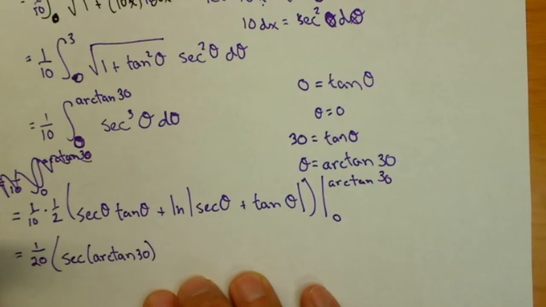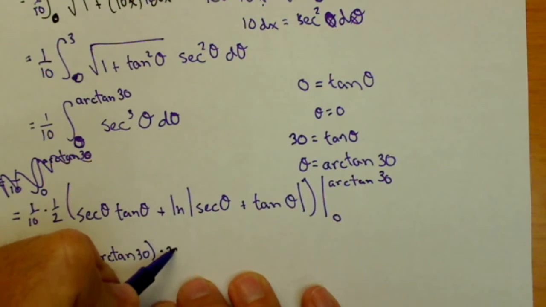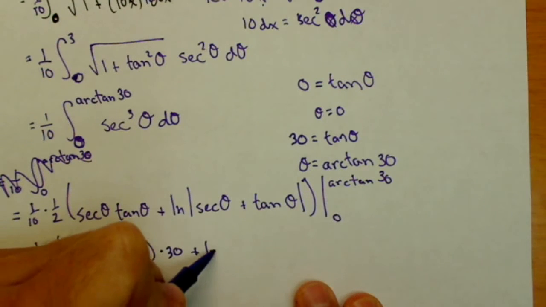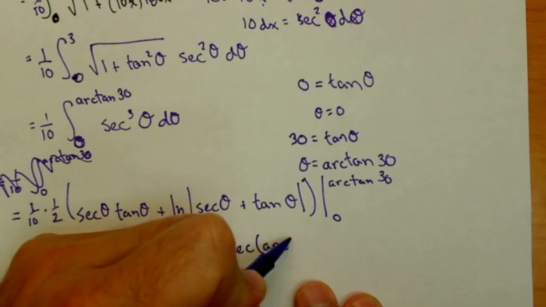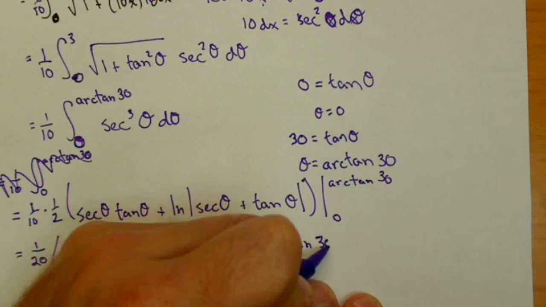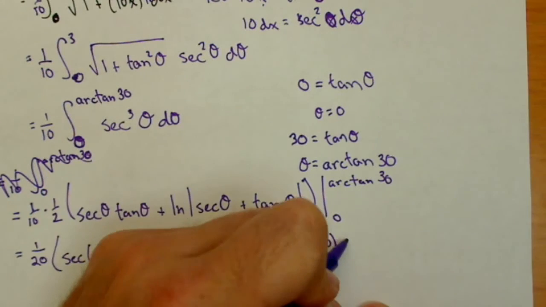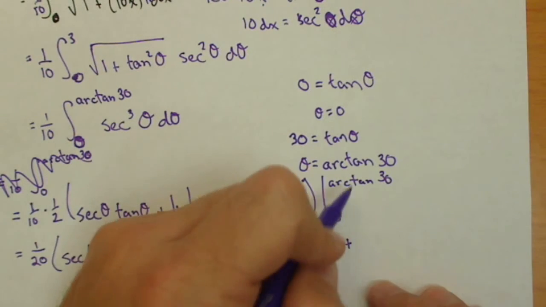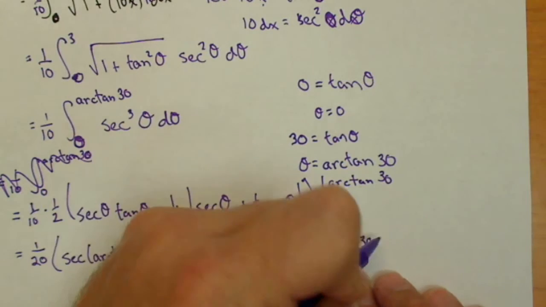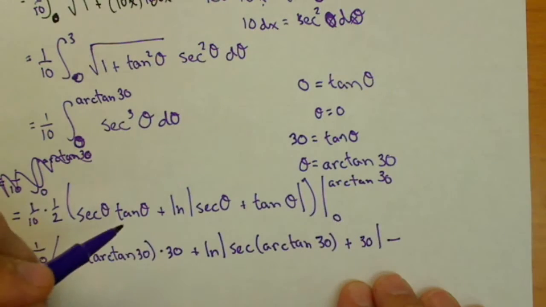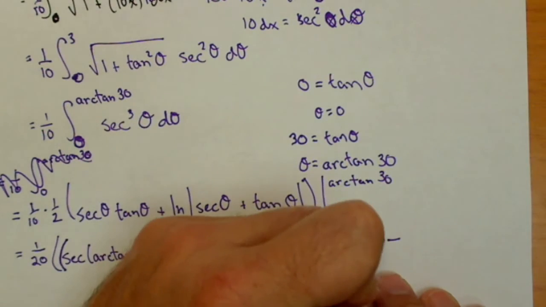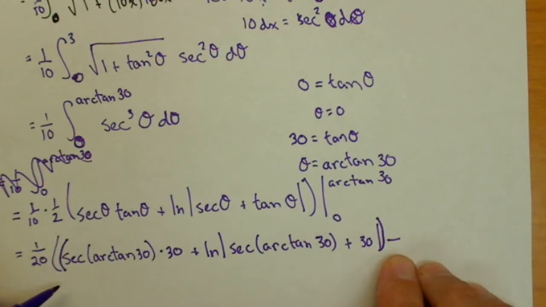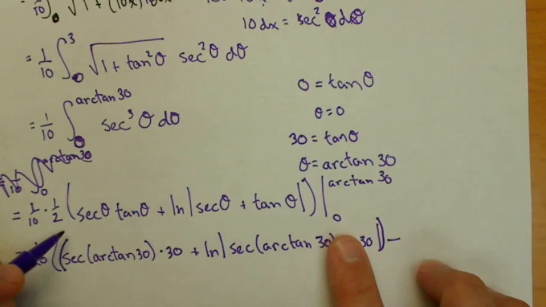Tangent of arctangent of 30 is just 30, so times 30, plus the natural log of the secant of the arctangent of 30 plus, again, arctangent of tangent of 30 is 30. Now we do need the second half of this, so let's do an extra set of parentheses just to keep these separate right there. Minus, now we're going to be plugging in 0, and we'll do the whole thing times the 1/20th, so I won't write that again.